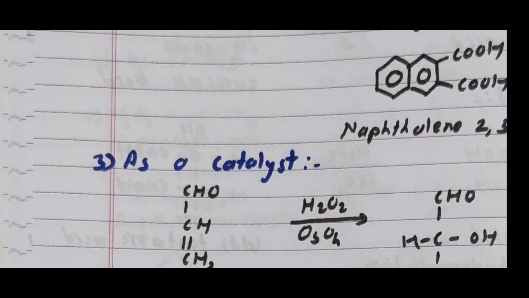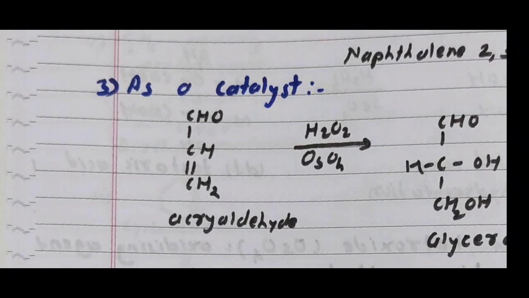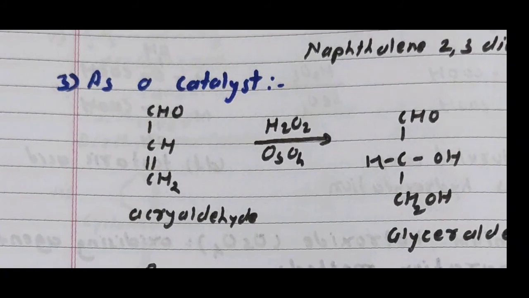Then the third application: here OsO4 is used as a catalyst. For example, I am taking acrylaldehyde. Using osmic acid in a small amount with another oxidizing agent helps to catalyze the reactions economically.